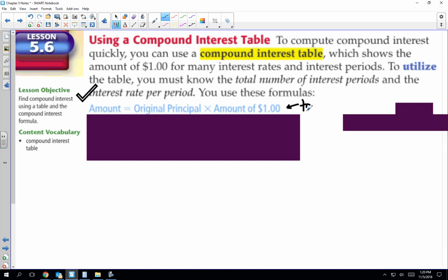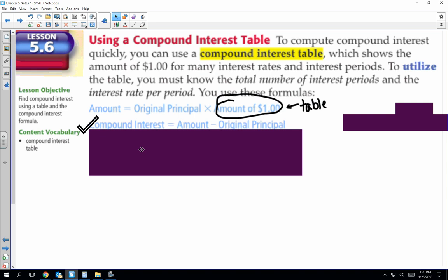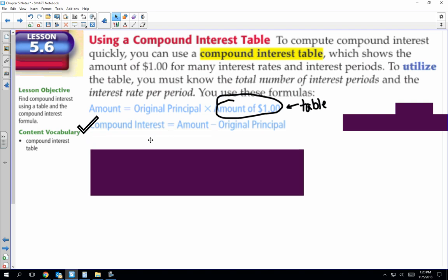I know it's going to seem crazy because they're going to give us a lot of pieces of information. We're just going to use it to identify this guy right here to find the amount of $1 worth. Then, to find the compound interest, we take the amount that we calculated from our table minus the original principal, which is the same formula we used before.